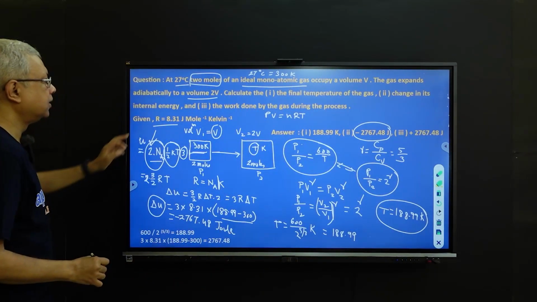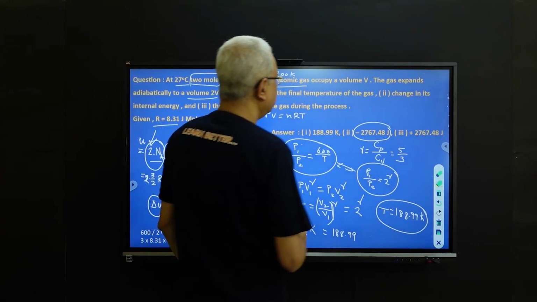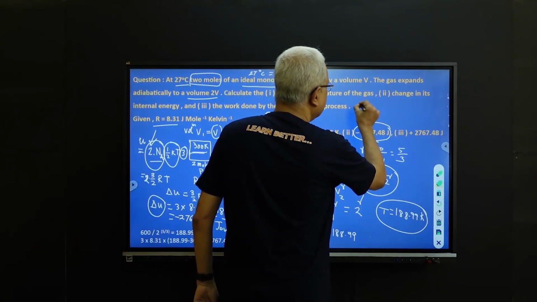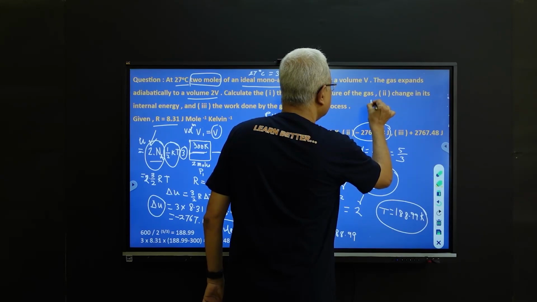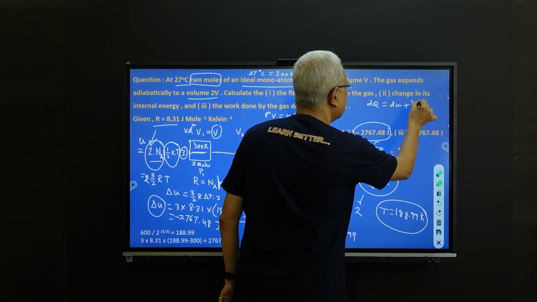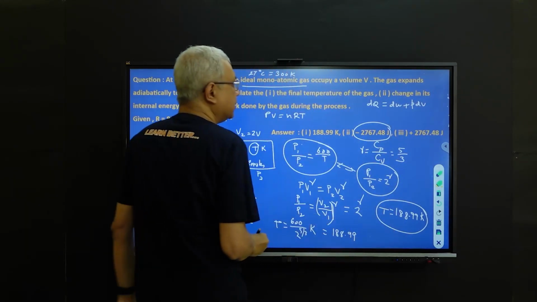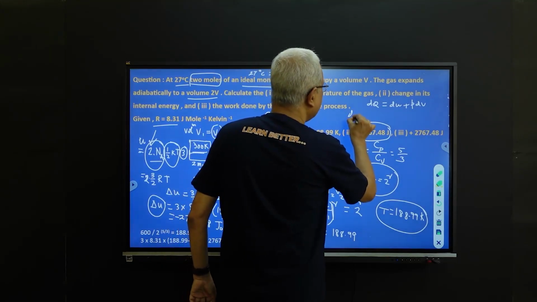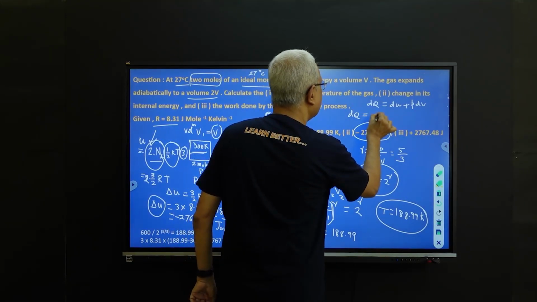Third part, the work done by the gas during the process. So work done, if you use this rule, dQ equal to dU plus PdV, the first law of thermodynamics. Now since the expansion is adiabatic, dQ is 0.